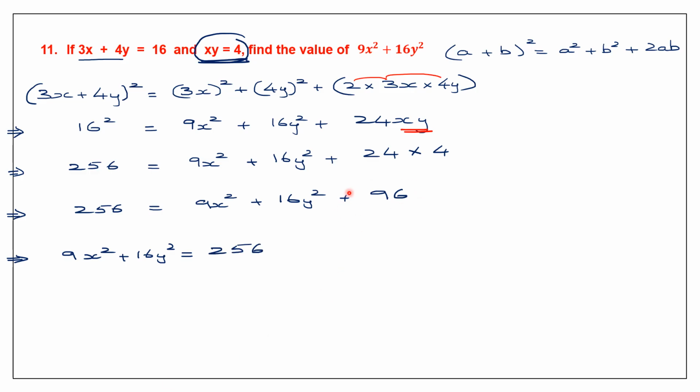Now take the 96 from here and put it along with 256, making it minus 96. So now 9x square plus 16y square is equal to 256 minus 96, which is 160. So this is the answer. We have found the value of 9x square plus 16y square.